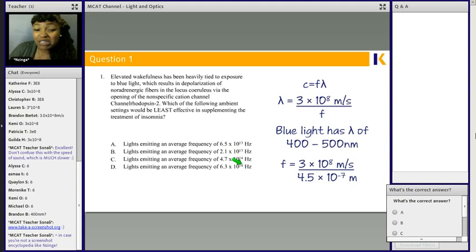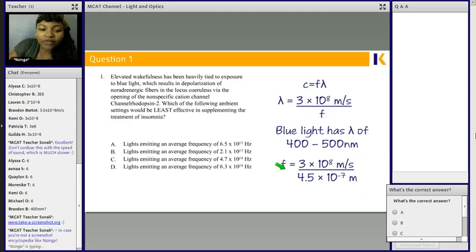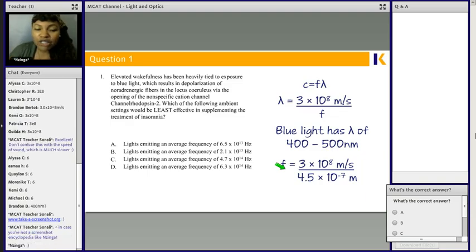But you can also take a look at the mantissas to see that some of them are different and some of them are the same. So you look at this and you say, okay, so it's approximately 3 divided by 4. So if it's going to be approximately 3 divided by 4, which 2 answer choices can you eliminate if you know that the mantissa should be approximately 3 divided by 4?